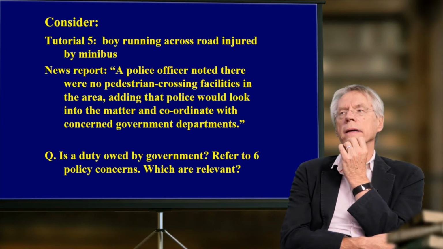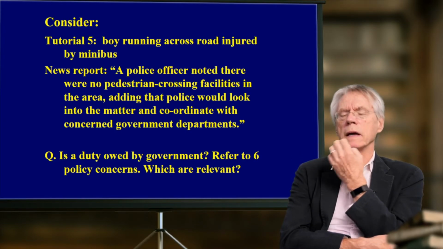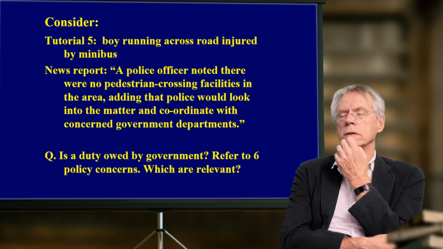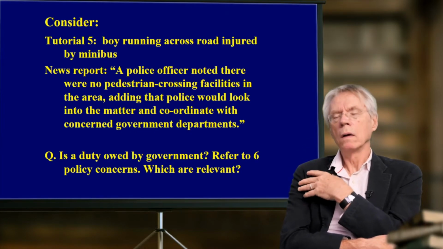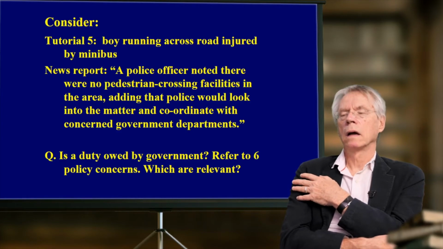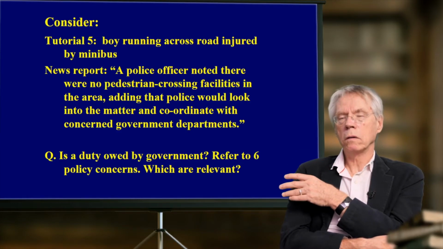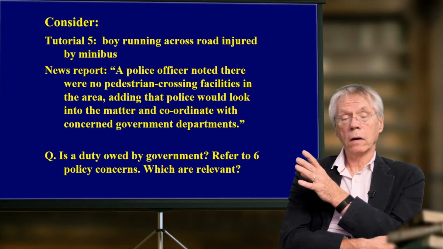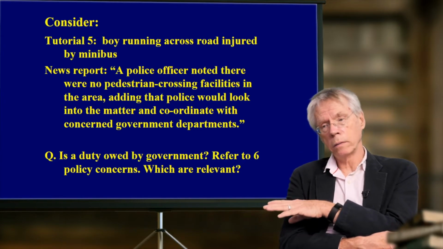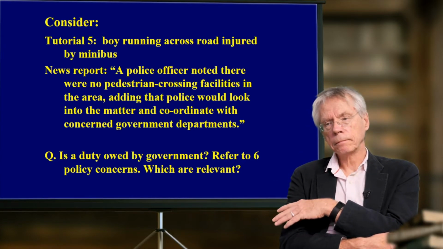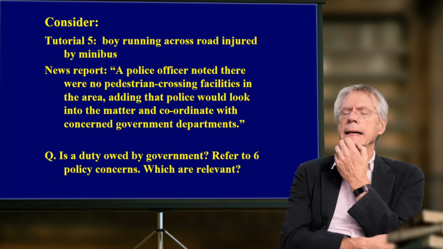This suggests or hints at the possibility that there was some sort of mistake made by the Highways Department or by the Roads Department in failing to provide a pedestrian crossing there. And if it can be shown that this was really a mistake, then could a duty of care be owed? That is, duty of care owed by the government department to the little boy who was injured. And you can reflect on that as to whether a duty of care would be owed by the government.